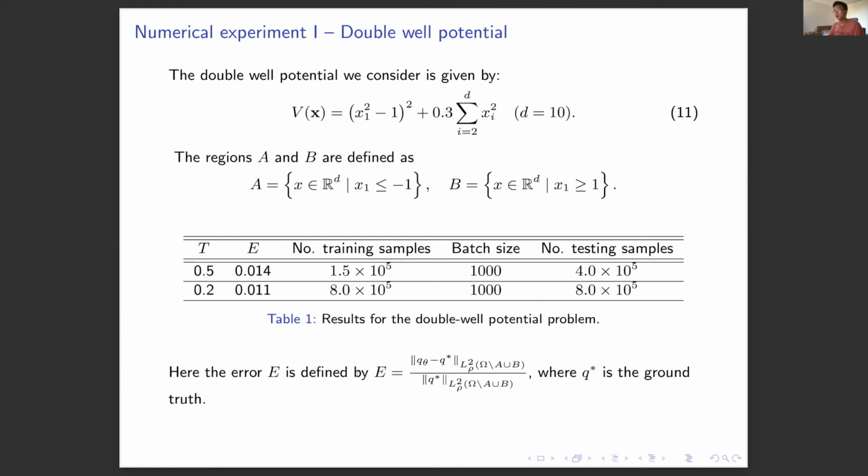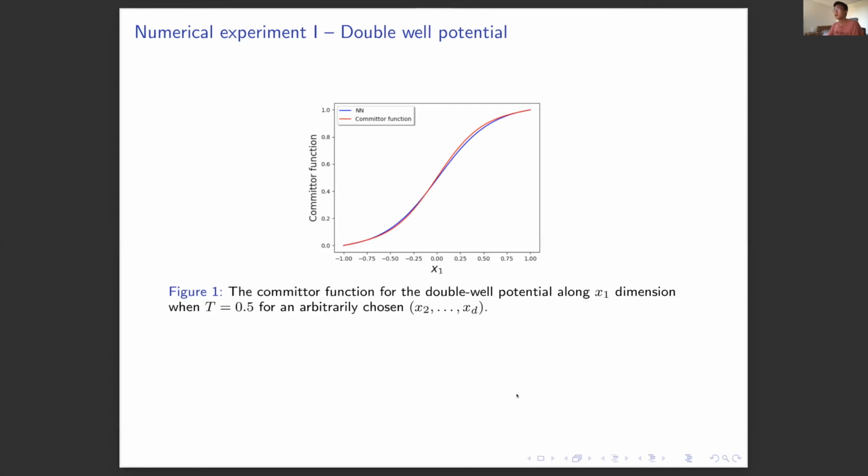So here, this error is defined by the relative error between the approximated committor function and the ground truth. So in this figure, we compare the neural network committor function and the ground truth along the first dimension for an arbitrarily chosen x2 to xd. You can see that the approximate solution is very close to the ground truth.